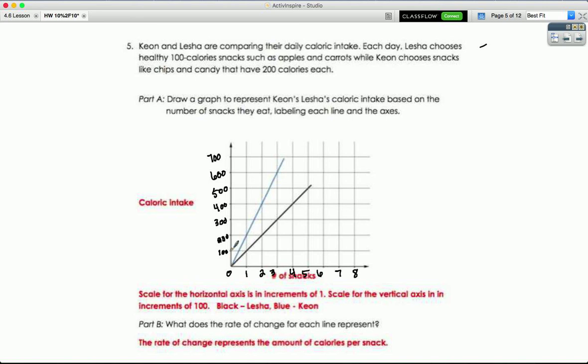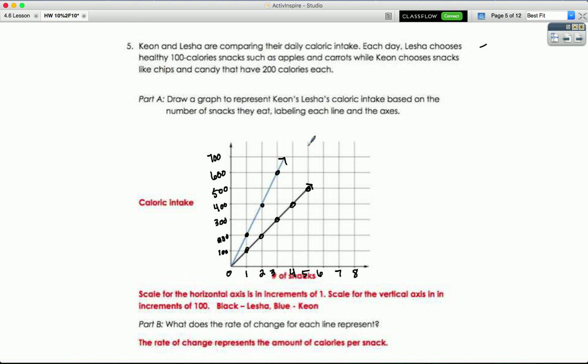So it goes up 100 calories for every one snack, up another 100 calories for every one snack. So Leisha's line should be going through each of the boxes based upon the way that we labeled it. Now Keon's is going up 200 calories for every one snack, so it would go up 200 over 1, up 200 over 1. And so this blue line on my particular example would be representing Keon's rate of change, which was 200 calories per one snack.